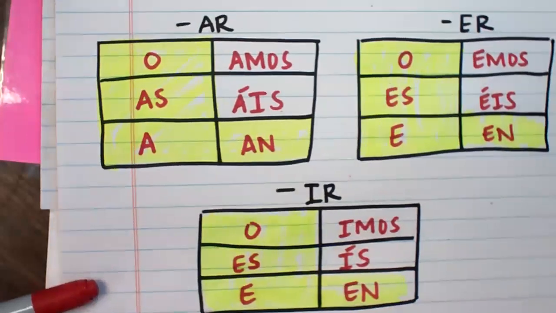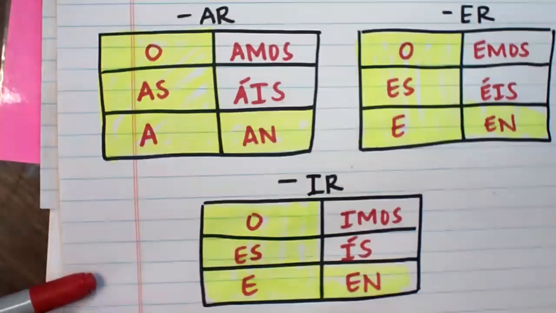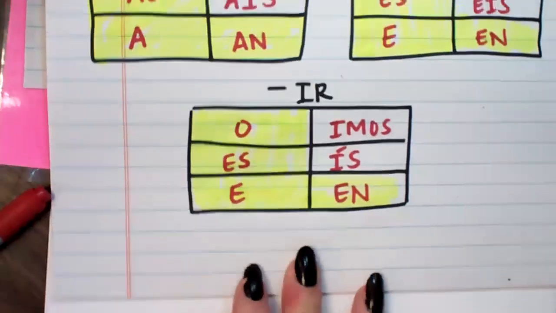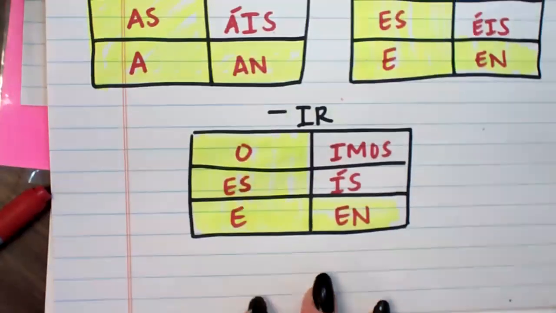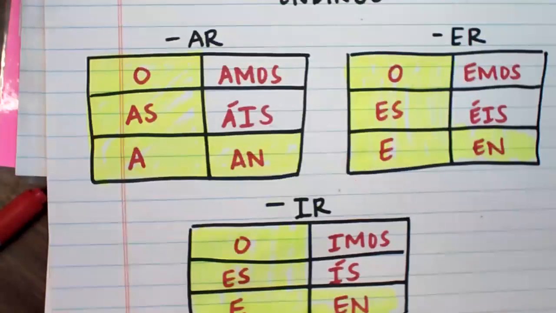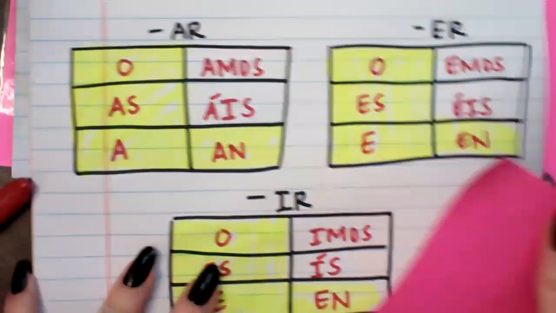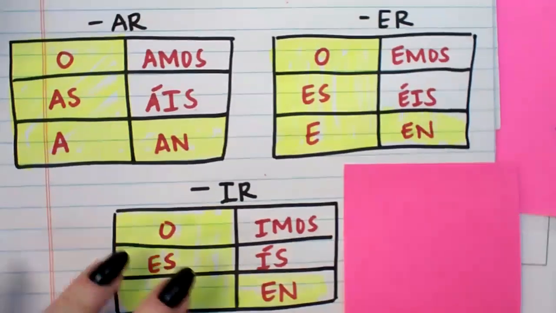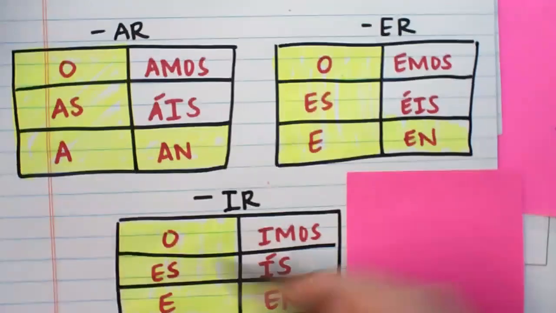Okay. We will do a couple of like basic conjugation examples. I'll even do them on a Post-it note so we can still see our endings over here.